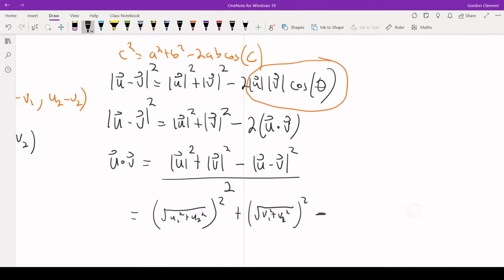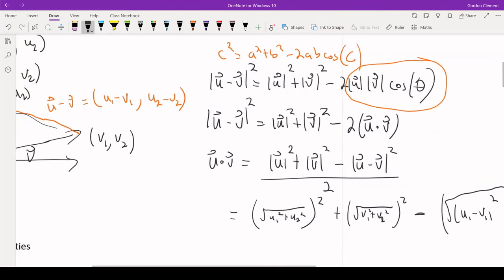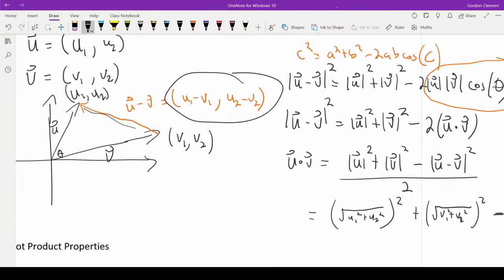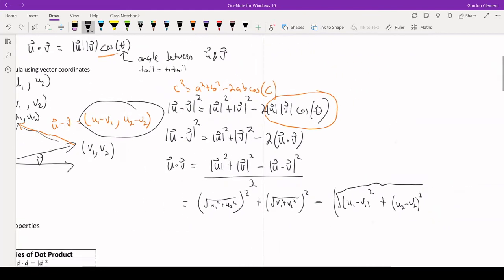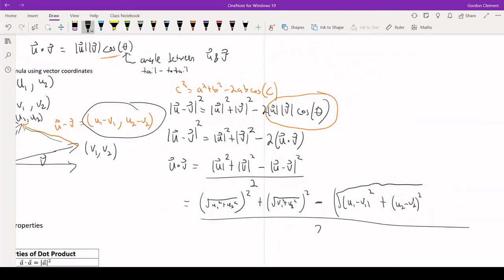And then subtract u1 minus v1, its components squared. So that's the vector u minus v, this vector here, squaring those components. So we get that divided by 2.